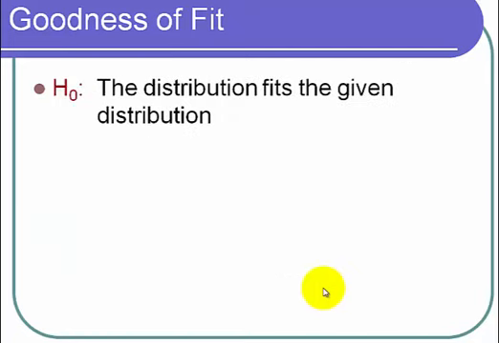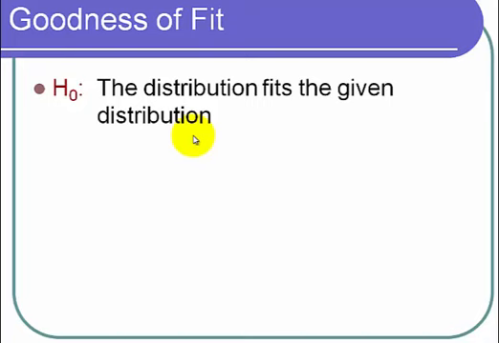So in any hypothesis test, there's a null hypothesis, and there's an alternative hypothesis. The null hypothesis for the goodness of fit test is the distribution fits the given distribution. Of course, we're not going to just say the distribution fits the given distribution. We might say the distribution is uniform, or the distribution of our town, or maybe our age distribution for our town, is the same as the distribution of the United States.